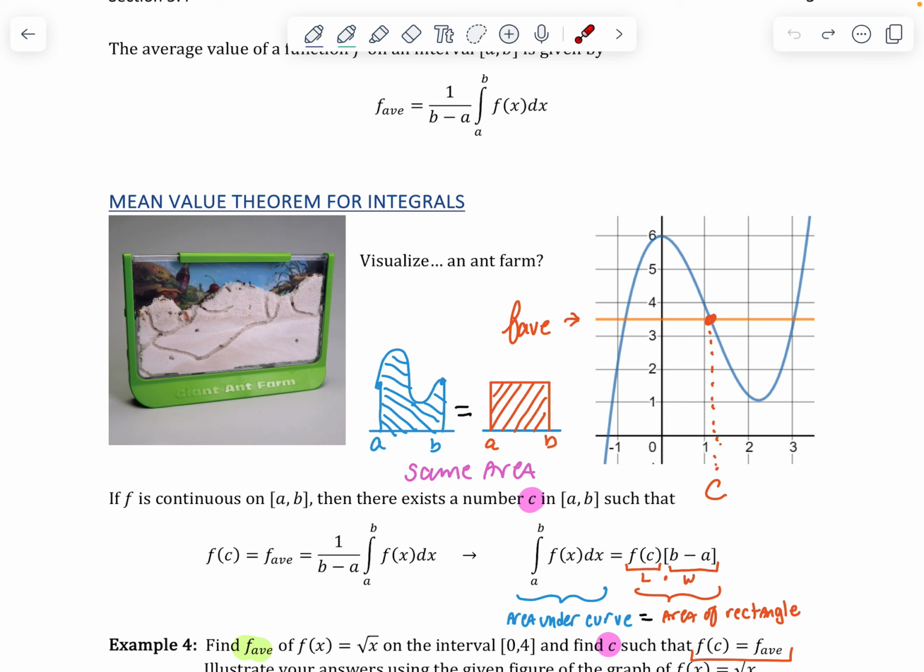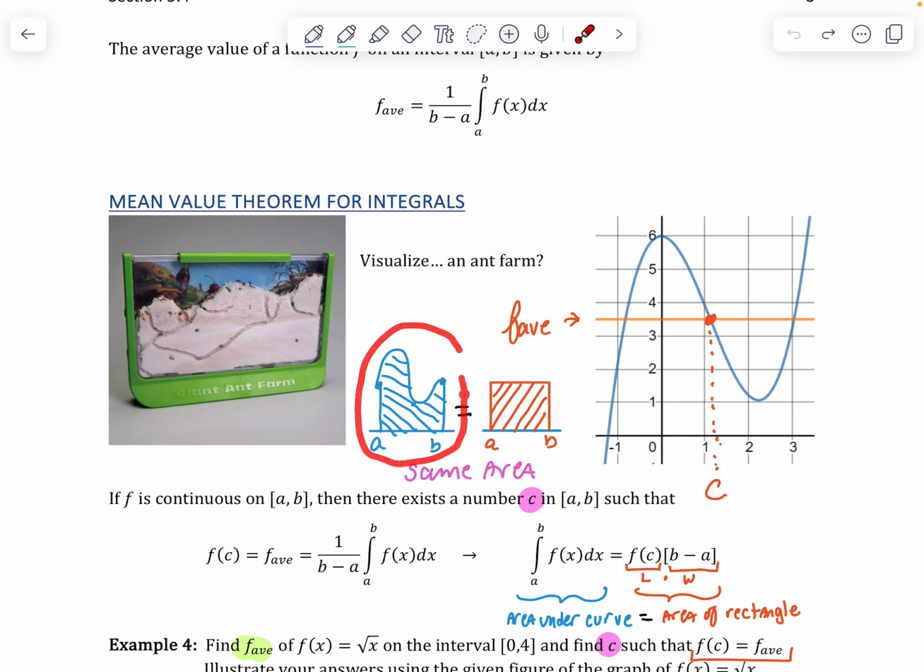But what if we could even this out? If a whole bunch of ants live on the left and no ants live in this sliver over here, what if we told the ants they all had to live somewhere evenly dispersed? So we can only have the same number of ants in each section of this ant farm. That's essentially what the mean value theorem for integrals is doing.